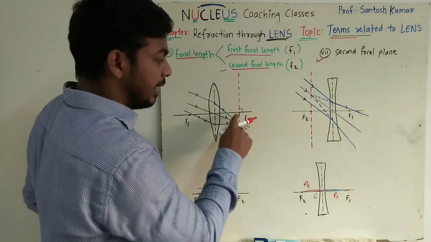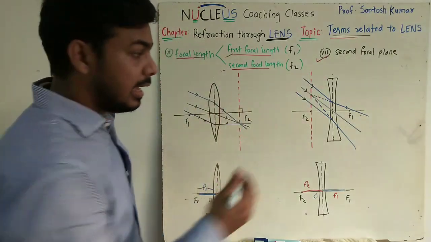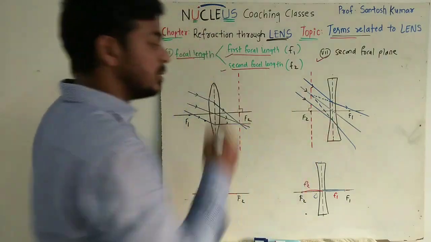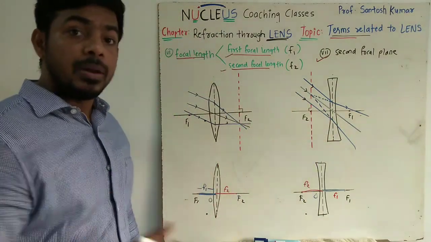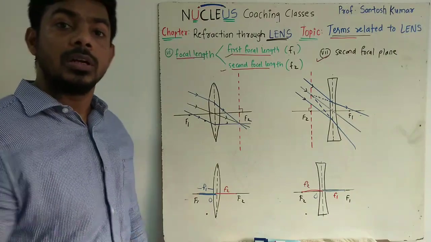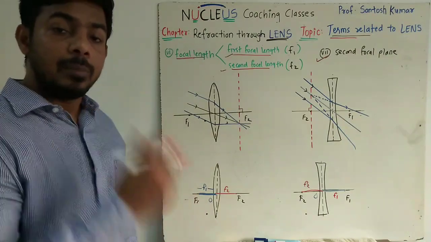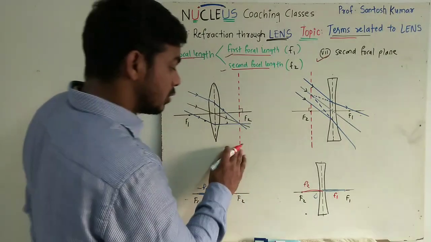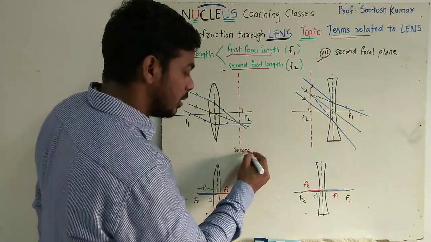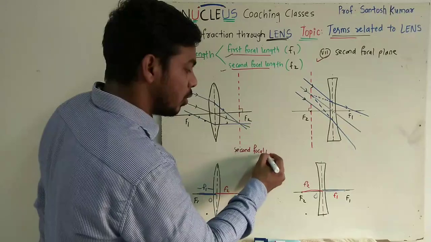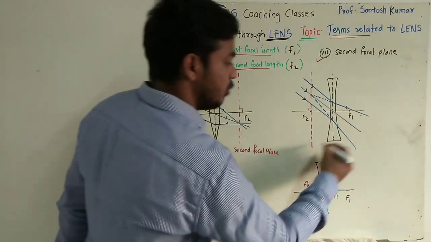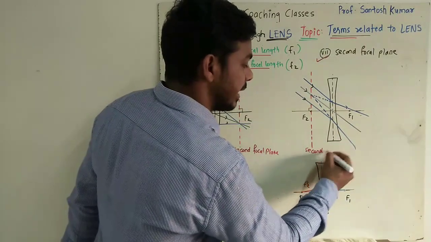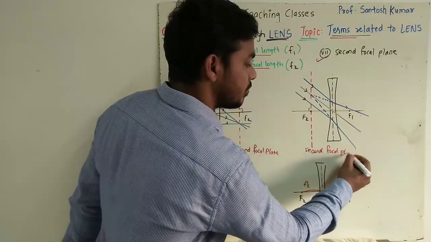This line is perpendicular to the principal axis and is passing through f2. Remember, the plane perpendicular to the principal axis and passing through the second principal focus f2 is called the second focal plane.